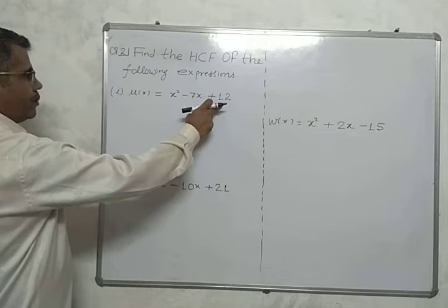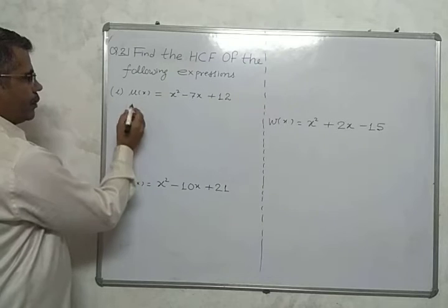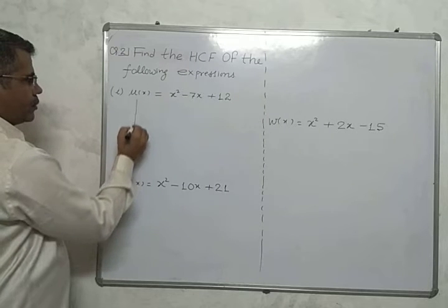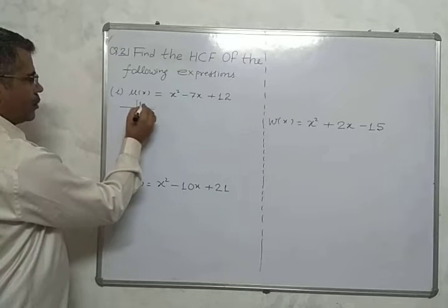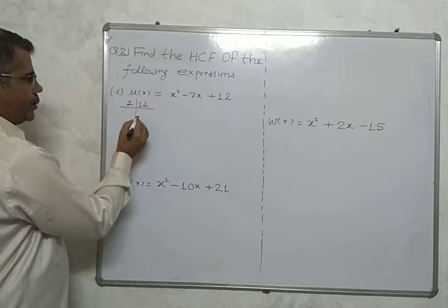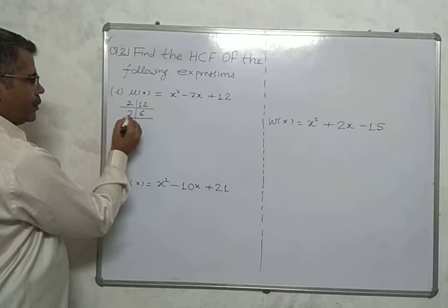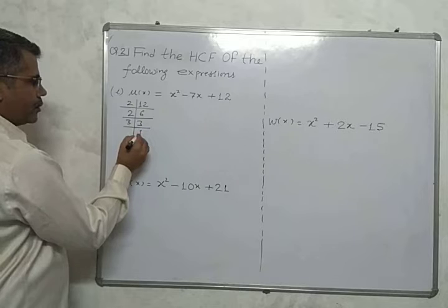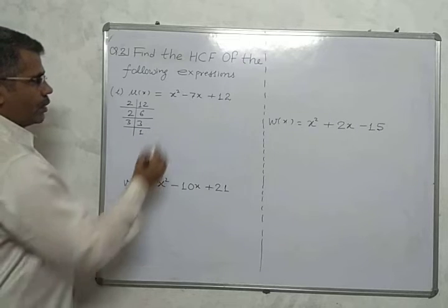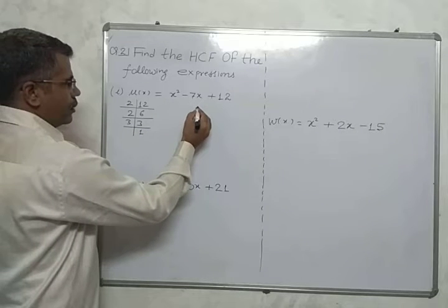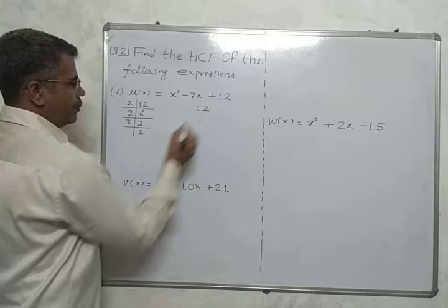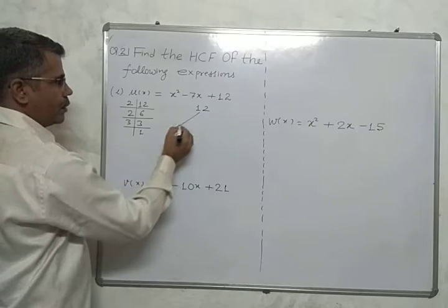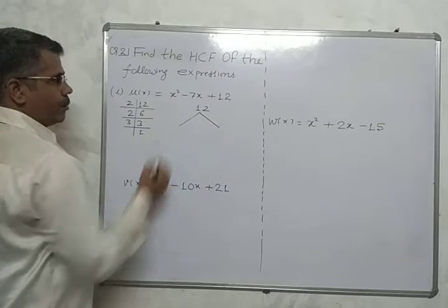The prime factors of 12 are given by: divided by 2, 6; again divided by 2, 3; and again divided by 3, 1. Here 12 is broken in the form of -7.